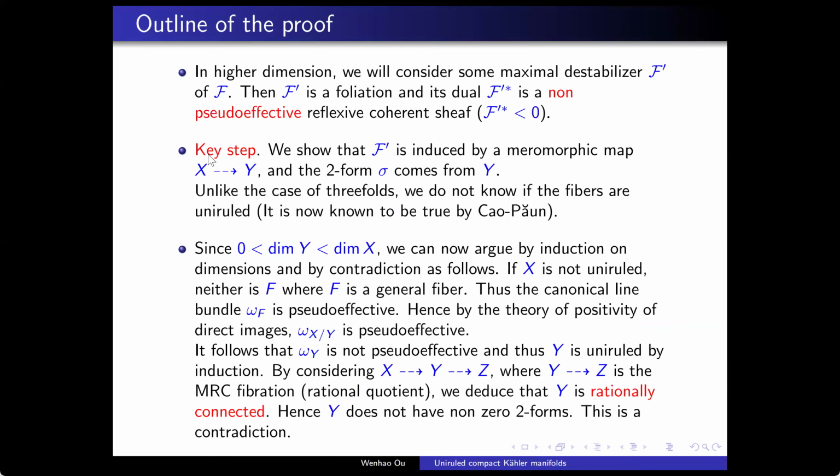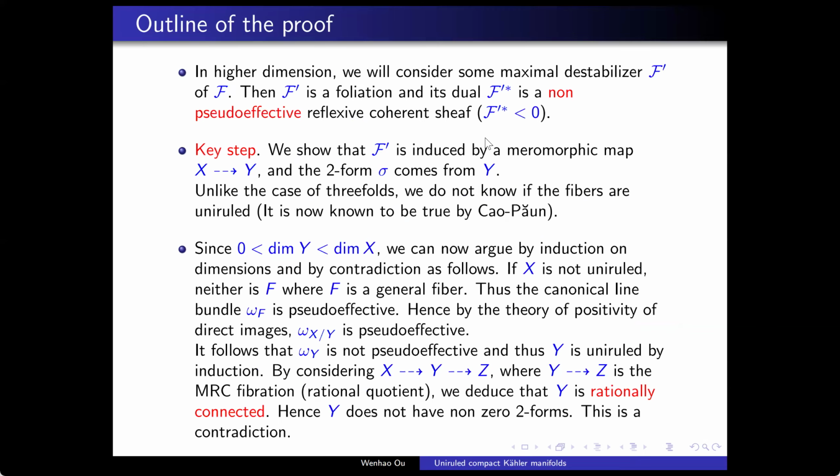Now the following is the key step of the proof. We show that this F prime, this foliation, is induced by a meromorphic map X to Y. Equivalently, up to blowing up X, this rational map will become a morphism.